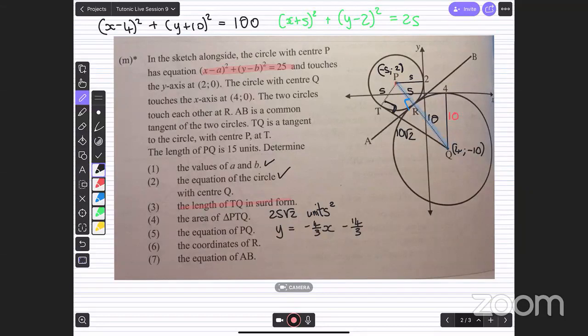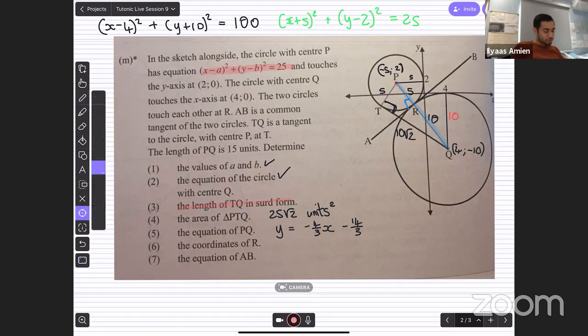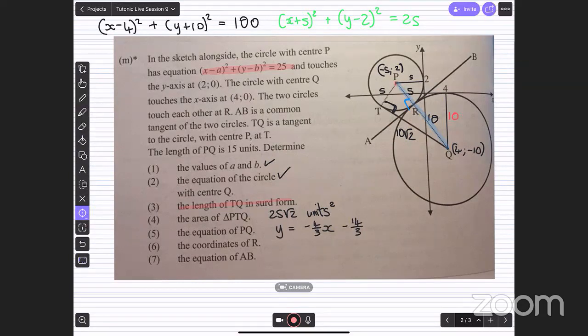Oh wait, can't we equate one of the circle formulas to the equation we just worked out now? Because when you're finding the intersection between PQ, do you agree it is also where the circle and the tangent intersect? Yes.